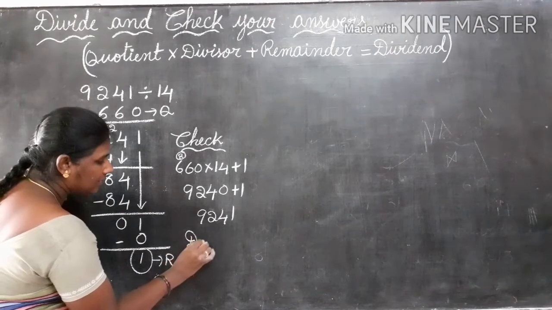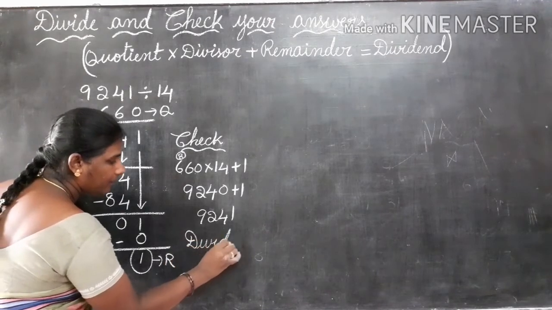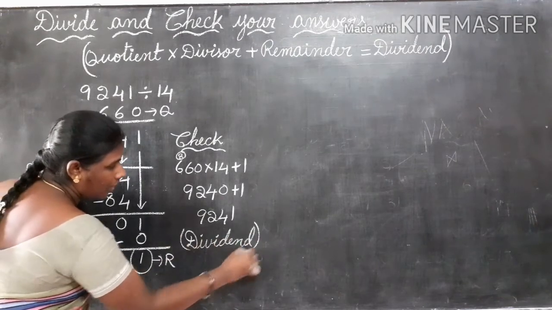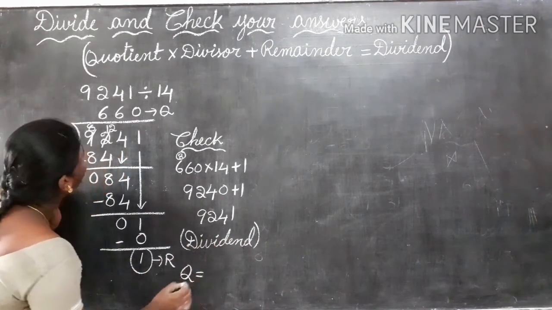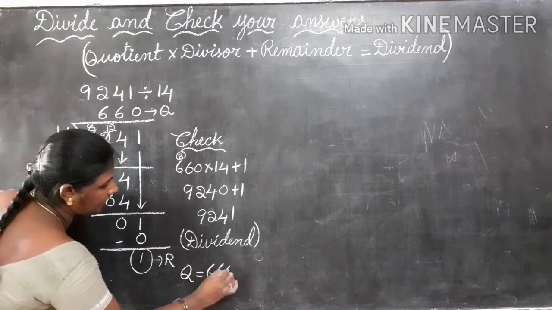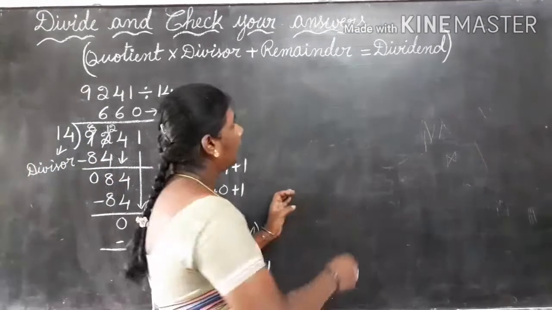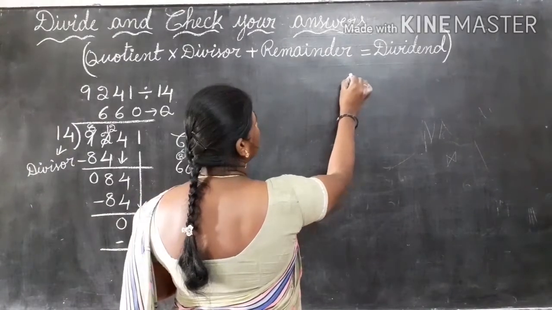So it is the dividend. Now in this, the quotient is equal to 660. Remainder is equal to 1.